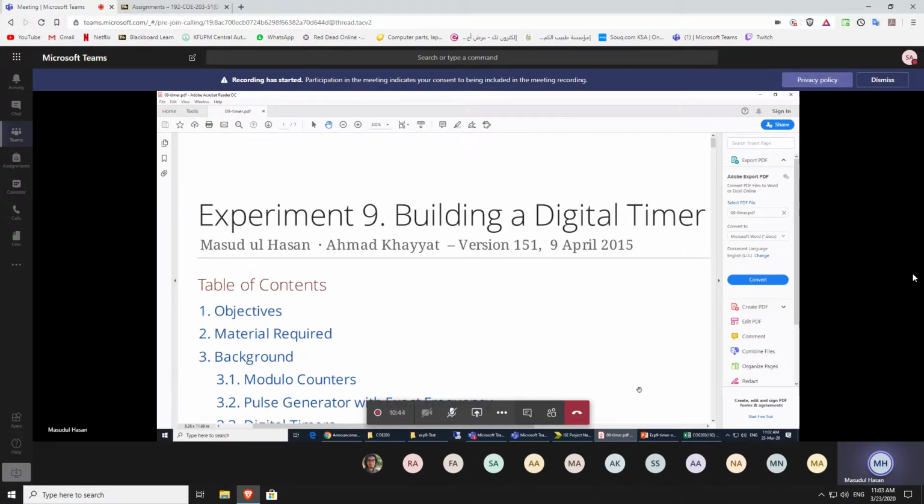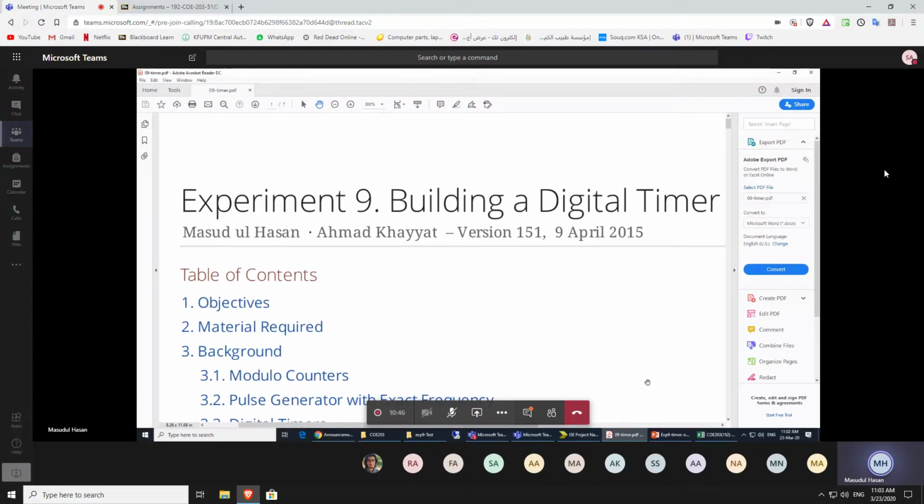And some people made the mistake that I mentioned so many times in the class, that every file should be in the same folder of the project. Some students put the debounce and the 7-segment files somewhere else.